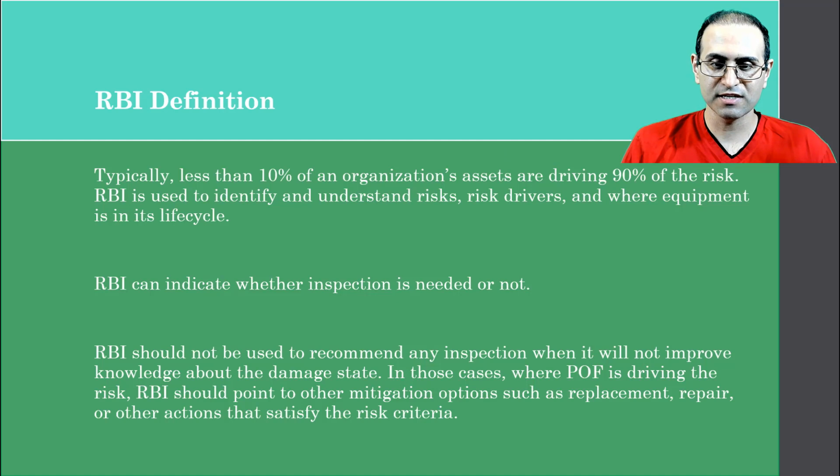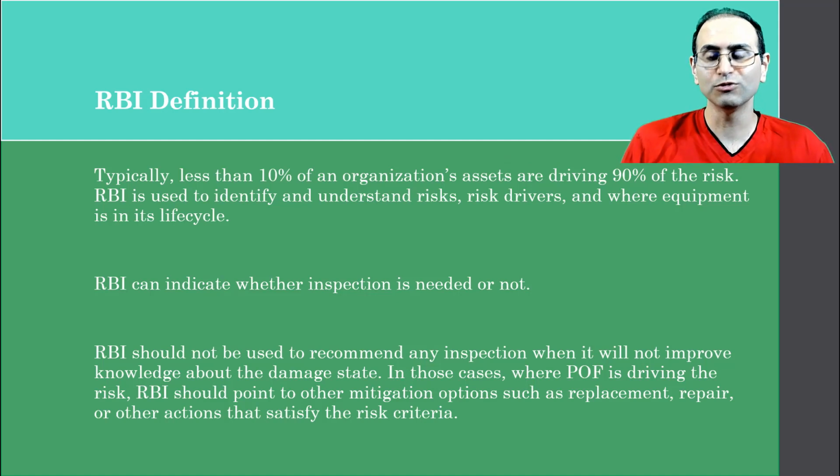In those cases where probability is driving the risk, RBI should point to other mitigation options such as replacement, repair, or other actions that satisfy the risk criteria. If you are managing the risk by probability, and we'll talk about these things in the future, then in some cases you don't need to reduce the risk by only inspection.